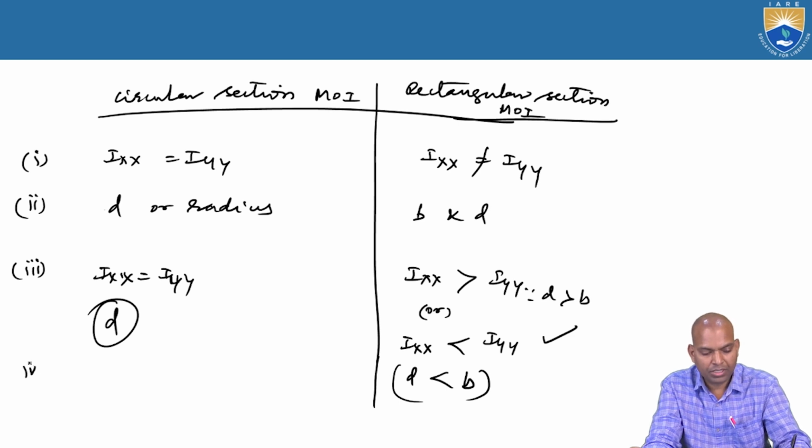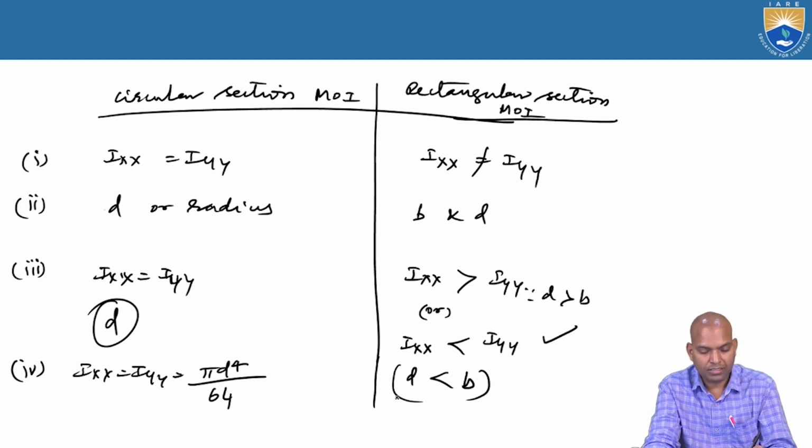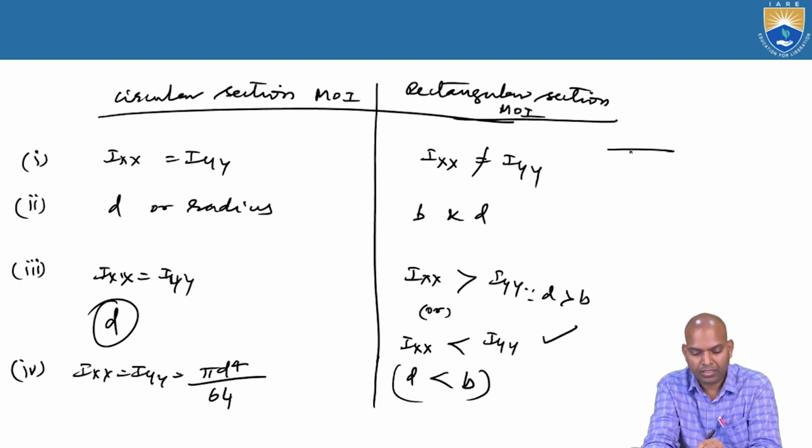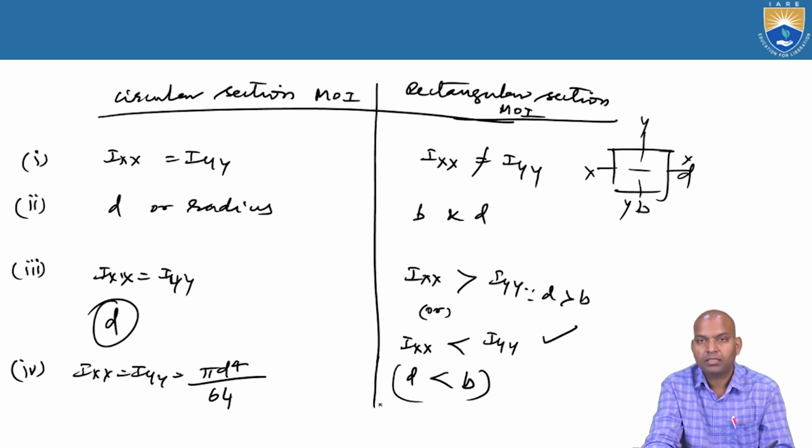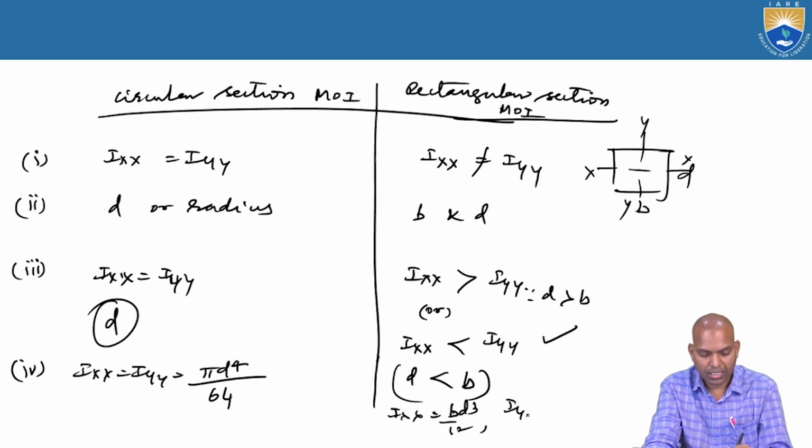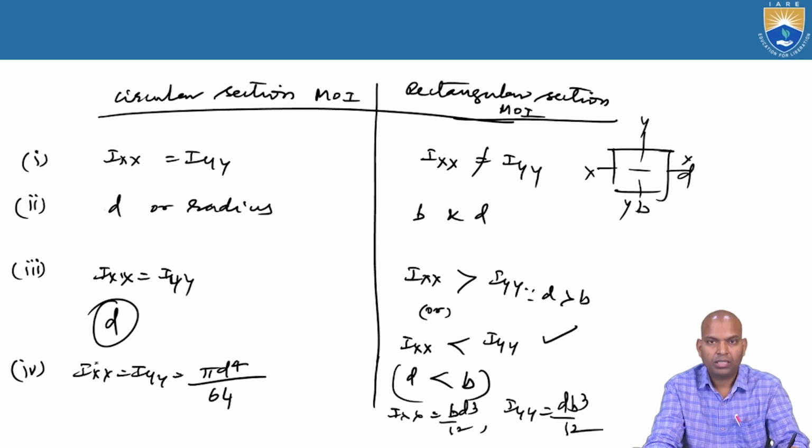Now, the moment of inertia for the circular section is Ixx equals Iyy equals pi d power 4 by 64. Whereas the rectangular section has depth D and width B, with axes Ixx and Iyy. Ixx equals B D cubed by 12, and Iyy equals D B cubed by 12.